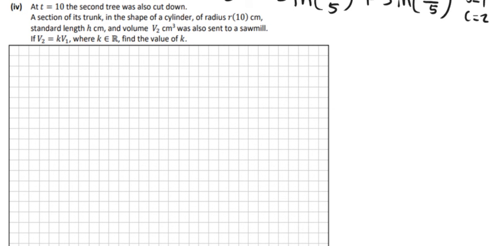Right, so for this part anyway, one thing we need is to find R10, the section of its trunk in the shape of a cylinder. So we need to find the radius after 10 years.